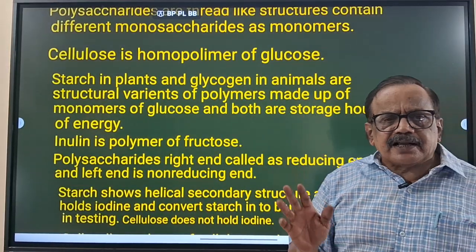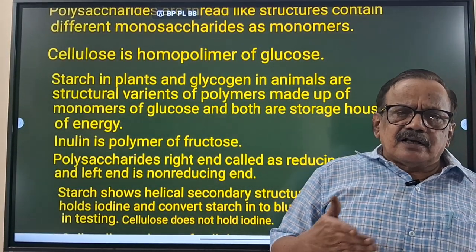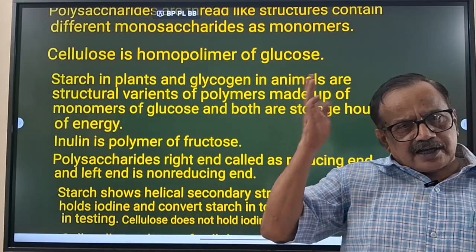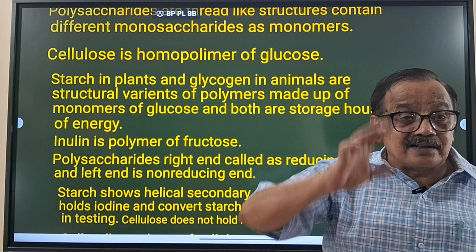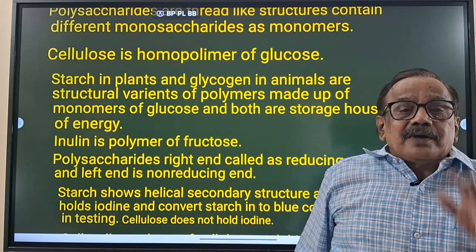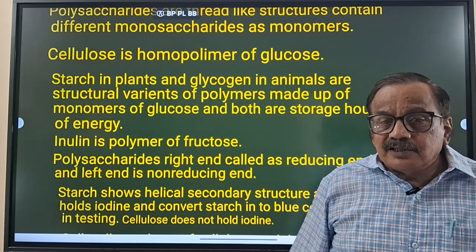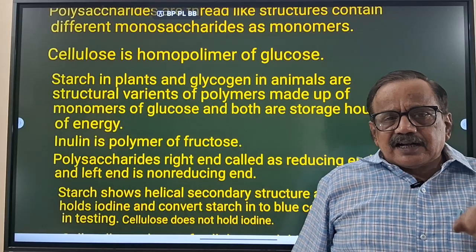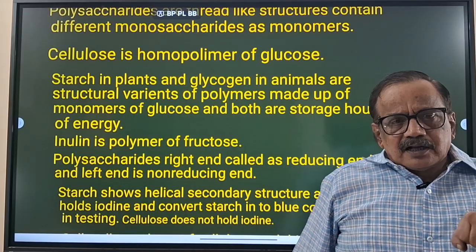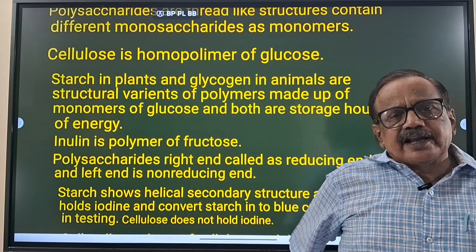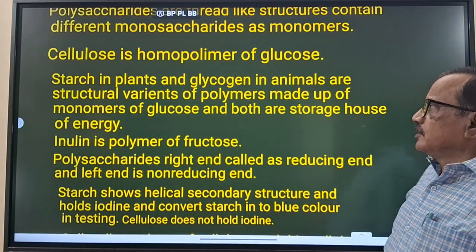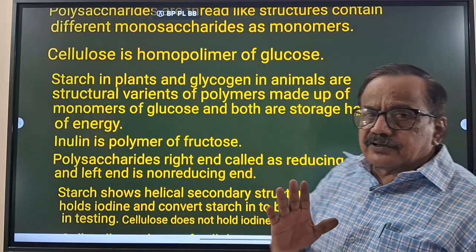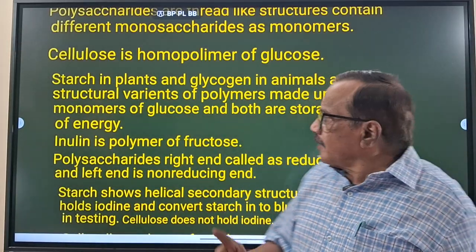Because first carbon, second carbon, third carbon, fifth carbon, it will come in the DNA detailedly. For that one I am telling, otherwise I won't discuss. The fourth carbon will be used for extension, means it will attach to the other reducing end and form the chain, that is polysaccharide. So reducing and non-reducing end you came to know.